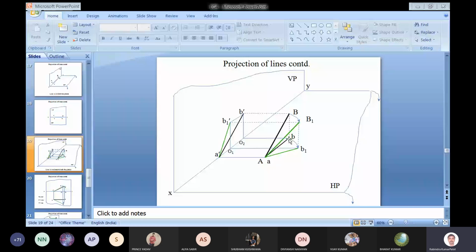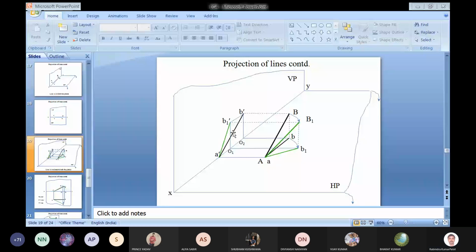So these are two projections. One is A dash B dash in the vertical plane, that is the front view, and in the horizontal plane the projection is small a, small b. So we have these projections, one front view and one top view.